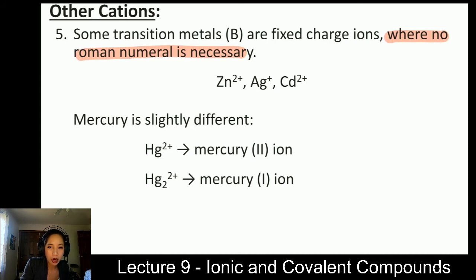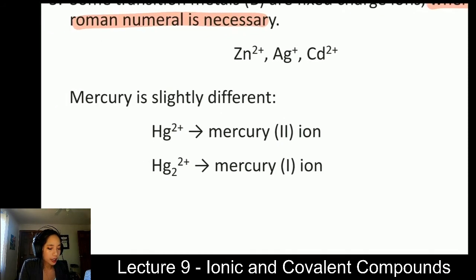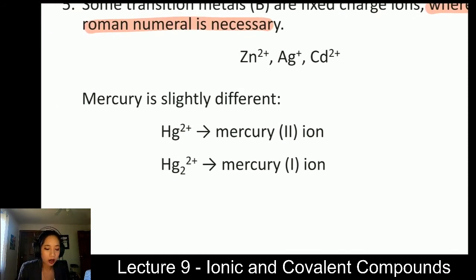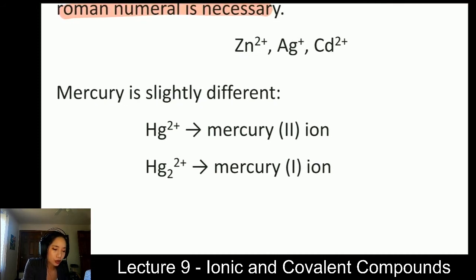And then finally, mercury is like our last kind of wild card. Mercury can have two different ion forms. We can have a mercury 2 plus, and then we can also have a polyatomic mercury where two mercuries come together to make mercury 2. Both of them have to exist together, 2 plus, and so we have to use the Roman numeral system here.